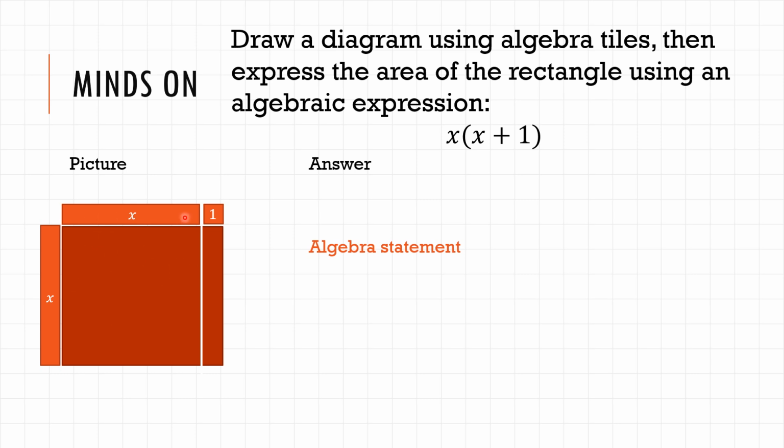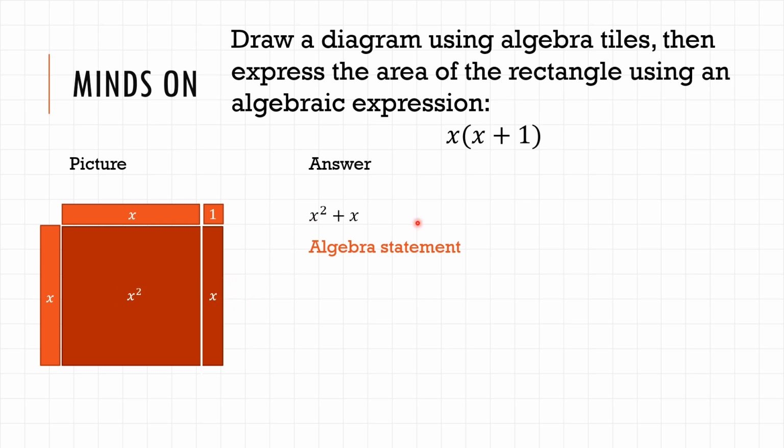This one right here, x times x, would just be an area of x squared, and this would be 1 times x, which is just x. So what is the area of the rectangle using an algebraic expression? Of course we don't know the actual area because there are unknown variables, but the area could be represented by combining these two shapes: x squared plus x.